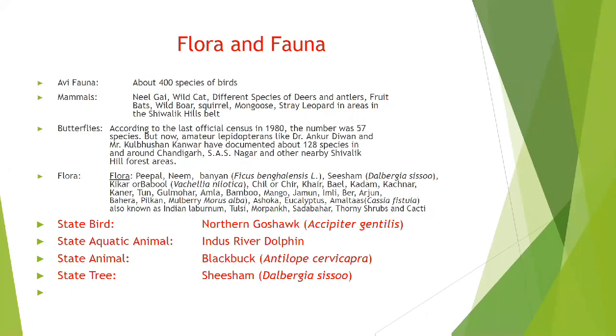State aquatic animal is Indus River dolphin, which was this time located once again in Harike Pattan, which is a Ramsar wetland area in Punjab. The state animal is blackbuck, and the state tree, as I've already suggested, is shisham. We don't have any state butterfly.